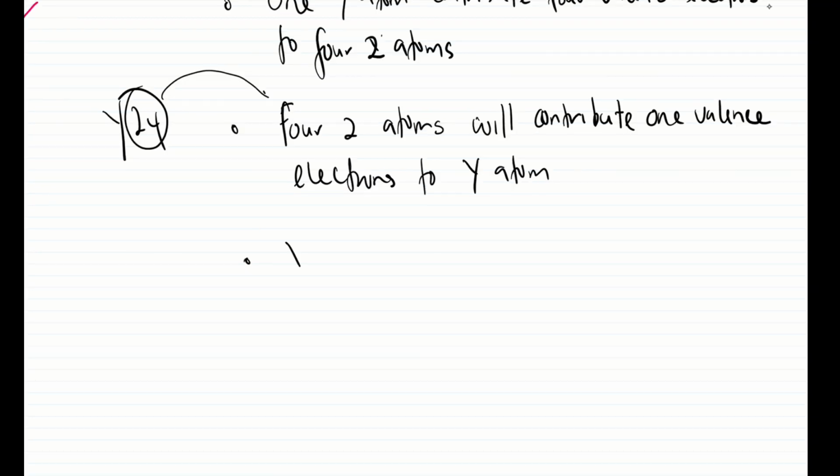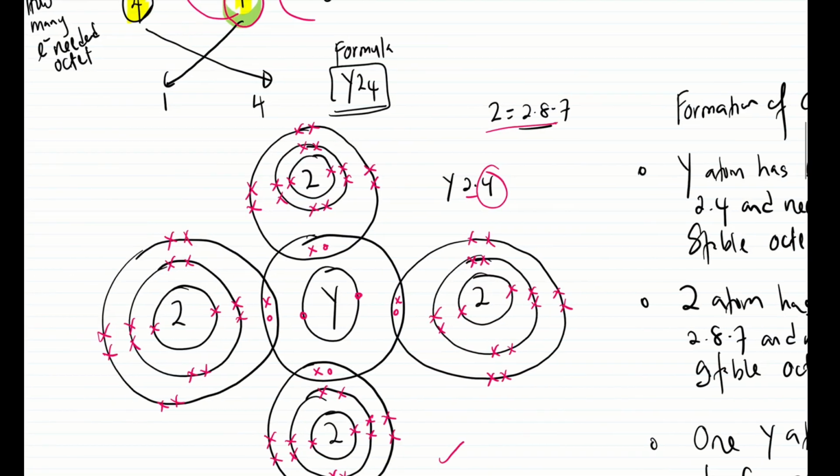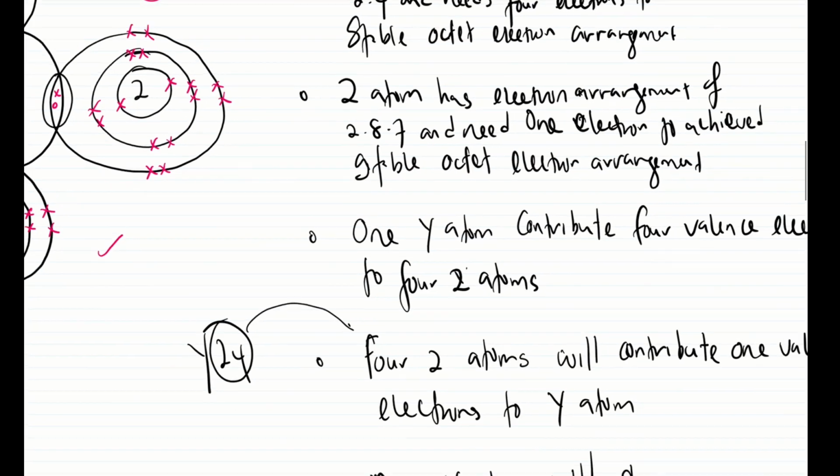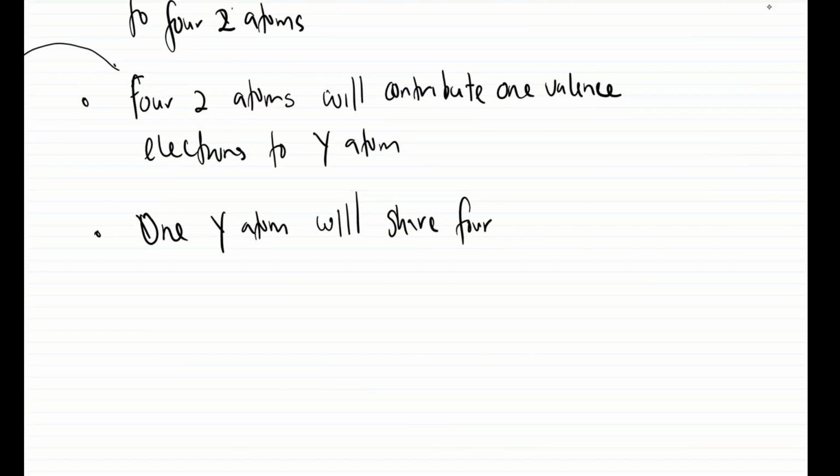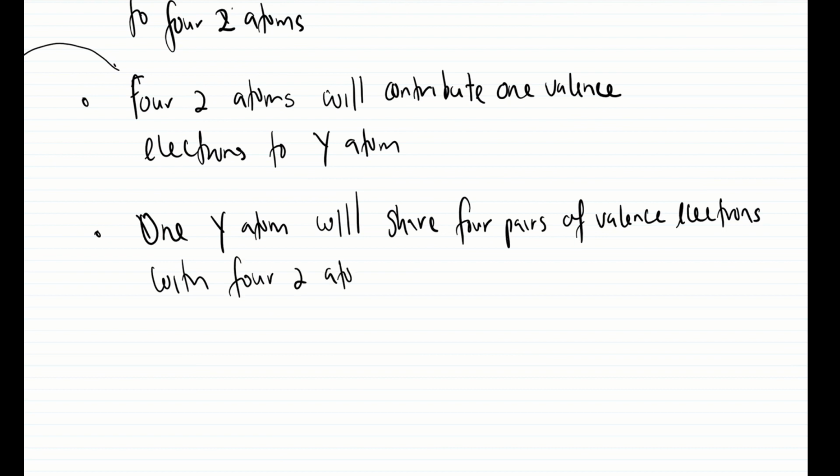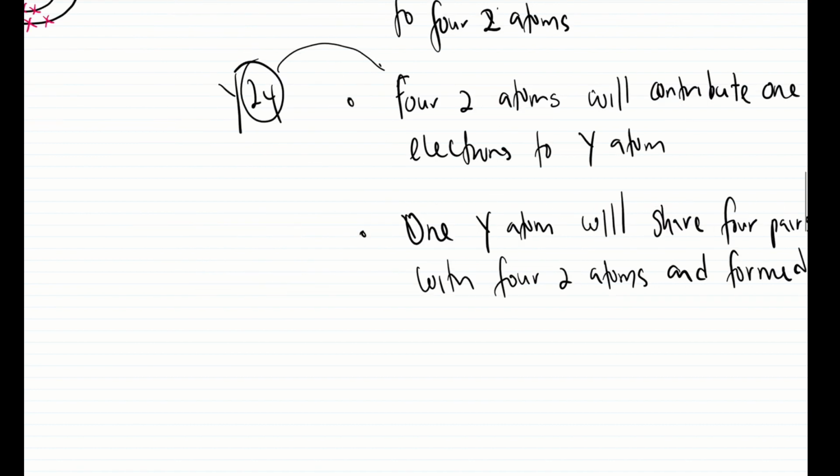Next point, one Y atom will share. We check how many pairs. So here we have 1 pair, 2 pairs, 3 pairs, and 4 pairs. So it will share 4 pairs of valence electrons with 4 Z atoms and form what type of bonding?